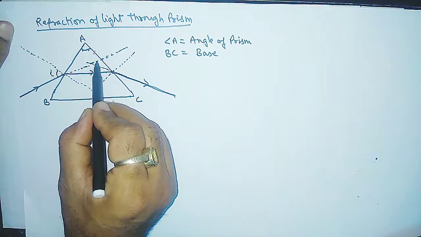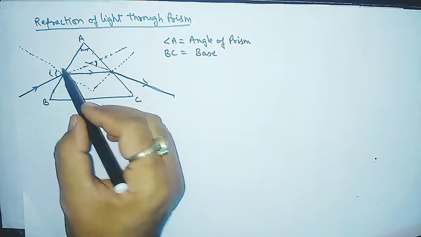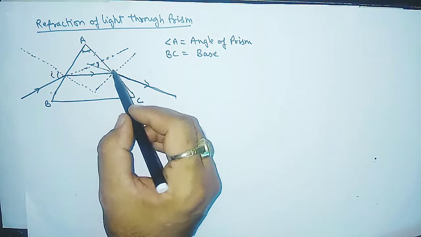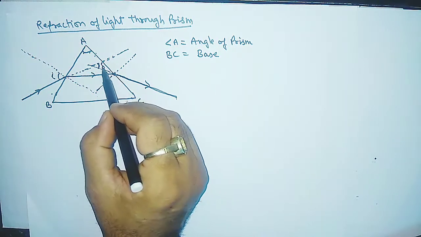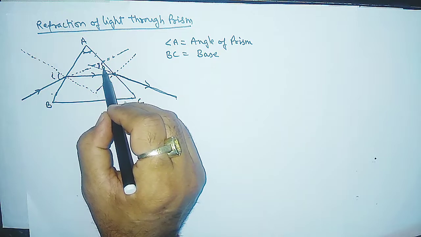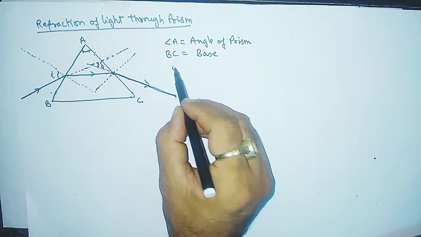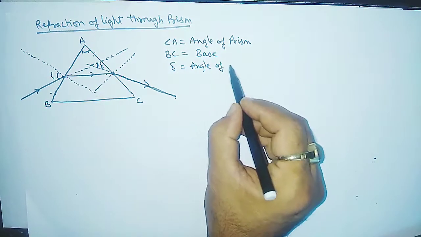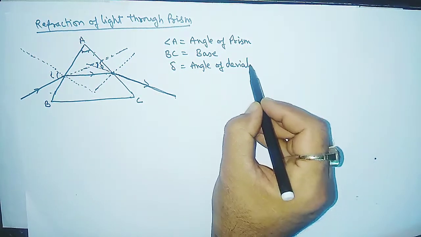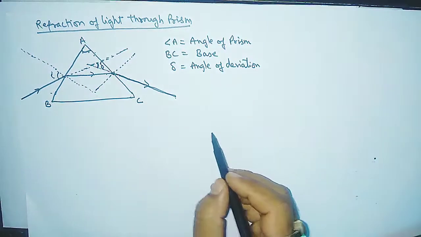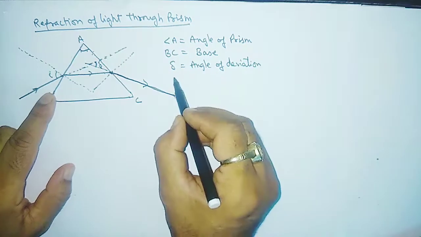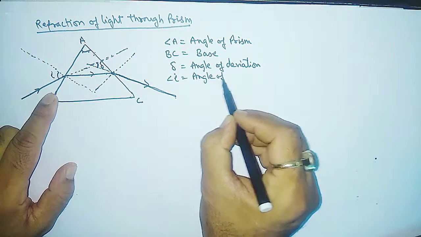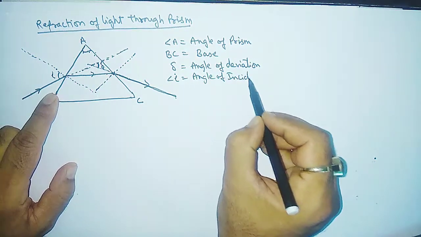The angle between the incident ray and the emergent ray is denoted by del. It is known as the angle of deviation. And the angle I is the angle of incidence.